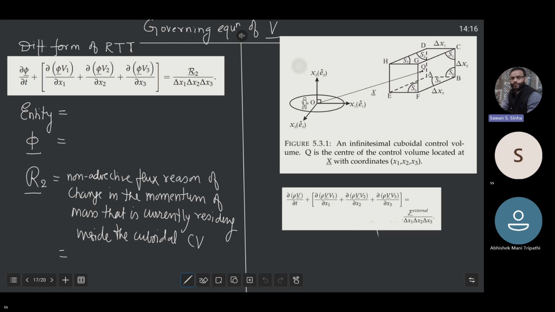But that's not all. There could be some other reasons why the amount of entity contained in the control volume can change. And that depends on the nature of that entity and how nature generates that entity. If it is bacteria, how nature generates more bacteria by reproduction. So R2 is a placeholder that will bring the mathematical form of the rate of reproduction of bacteria.